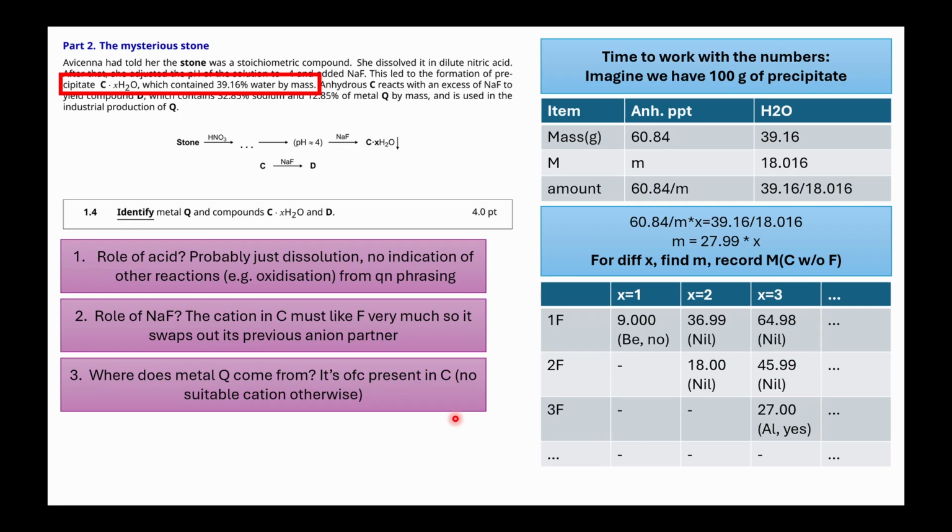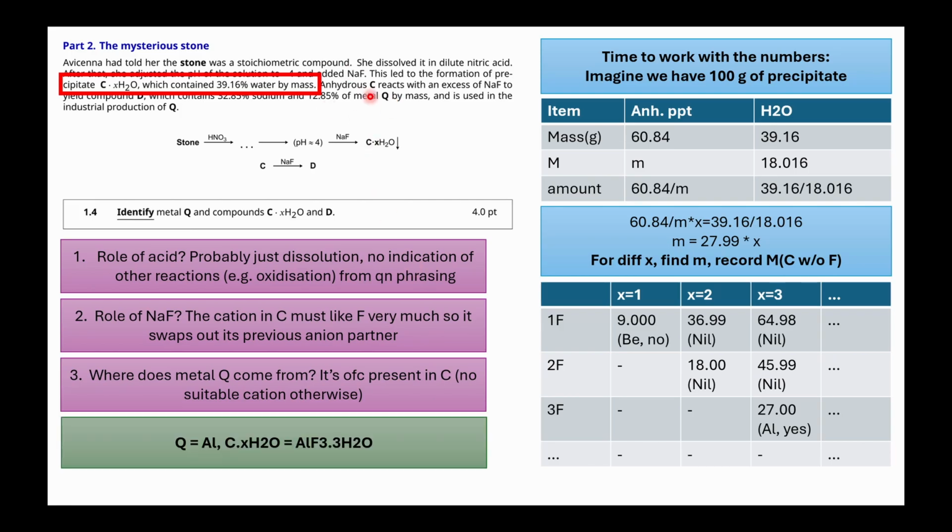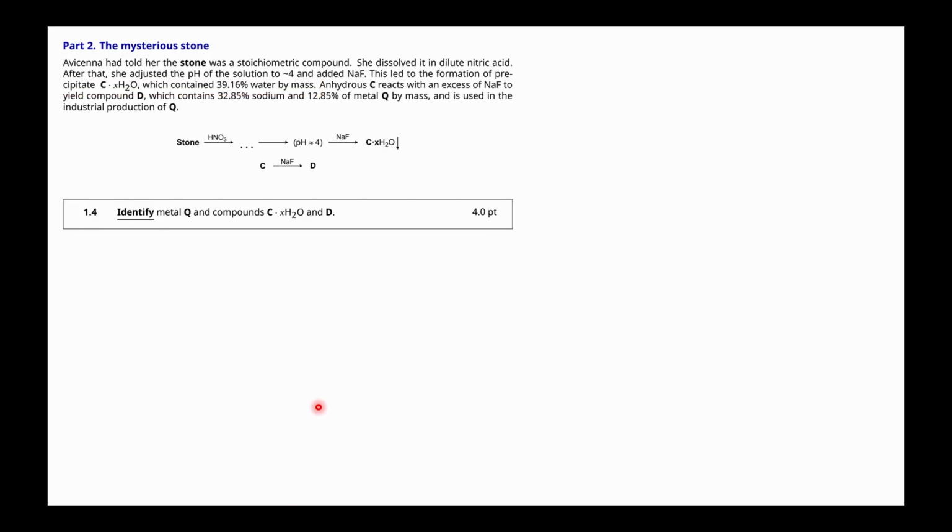Now, to really check your sanity, you are going to think about whether the next part makes sense. So let's just put this down as a preliminary answer first. 3 waters of crystallization, 3 fluorine. And then we move on to the next part. And if this next part doesn't work out, we go back to visit this part. Because we're still within part 1.4, we're good. Just don't move too far down the line.